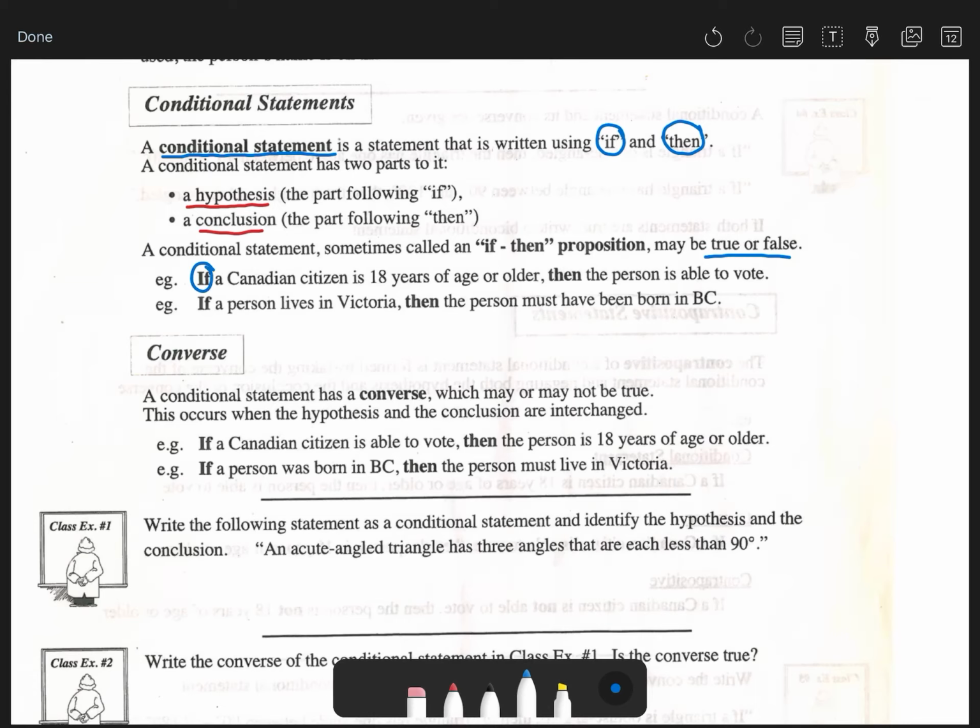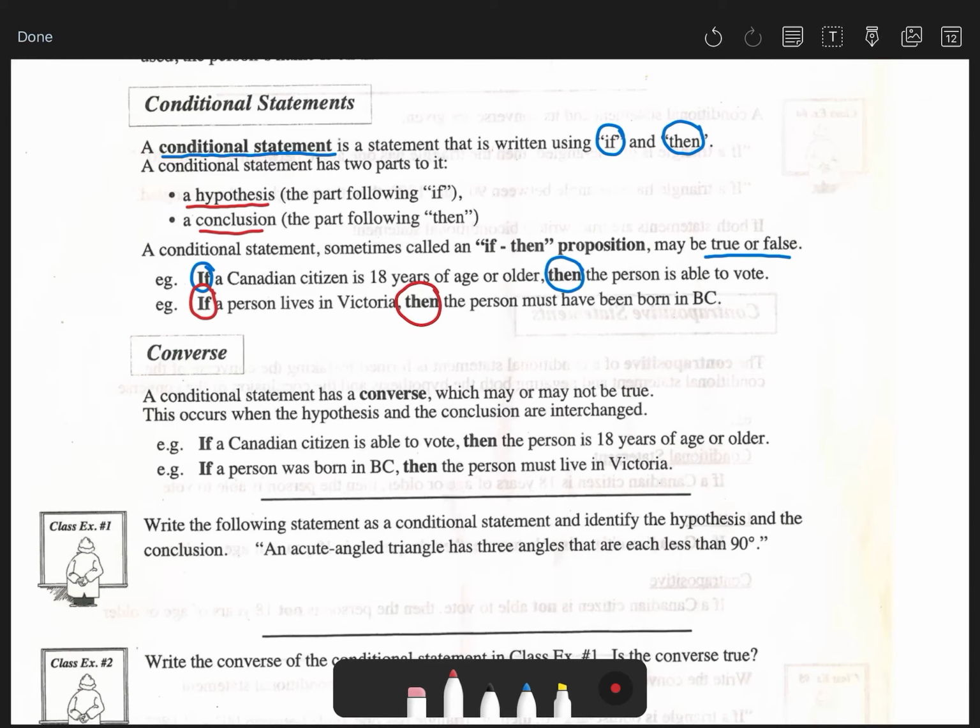For example, if a Canadian citizen is 18 years of age or older, then the person is able to vote. Here's another one: if a person lives in Victoria, then the person must have been born in BC. The first statement is true, so that's an example of an if-then proposition, or a conditional statement, that's true.